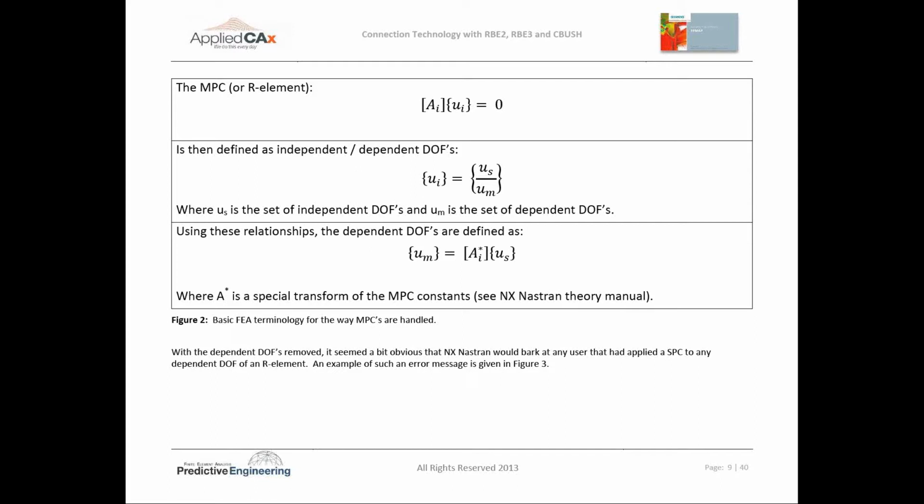And this is an important concept: your dependent nodes are gone from the U column. You can't attach to them. You can't apply other constraints, like a single point constraint, an SPC, because they're not there. They're defined as part of the independent node set. So that's the basic terminology. If you can walk away with this one concept, that's the big key.